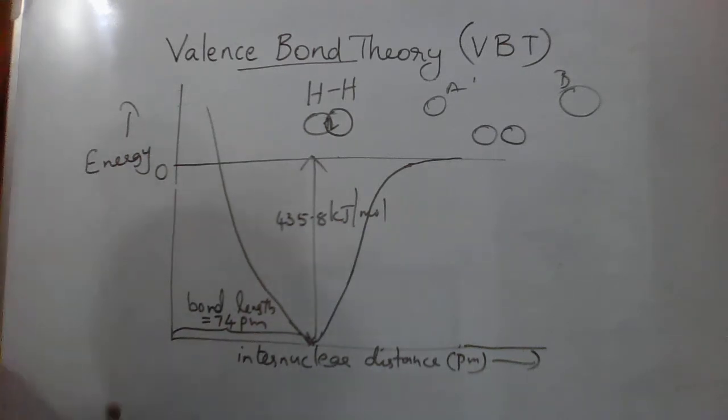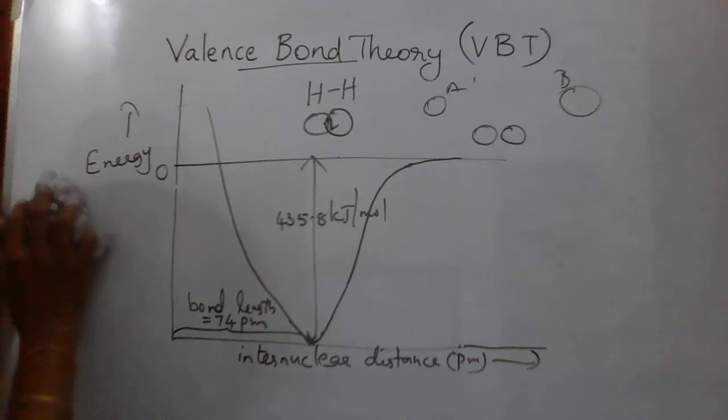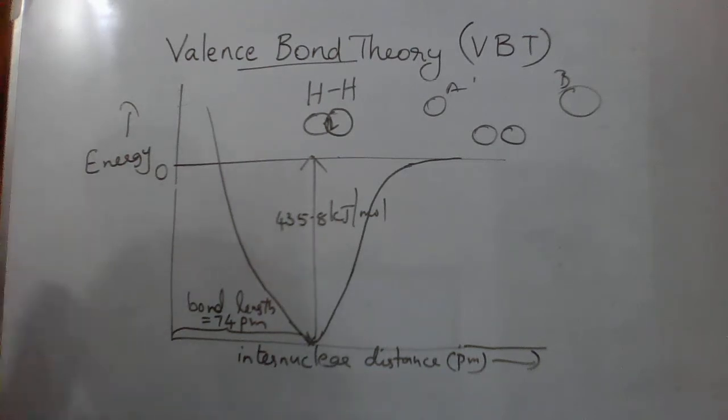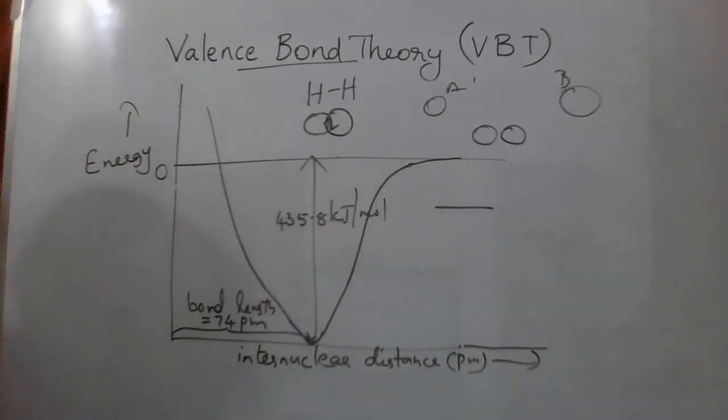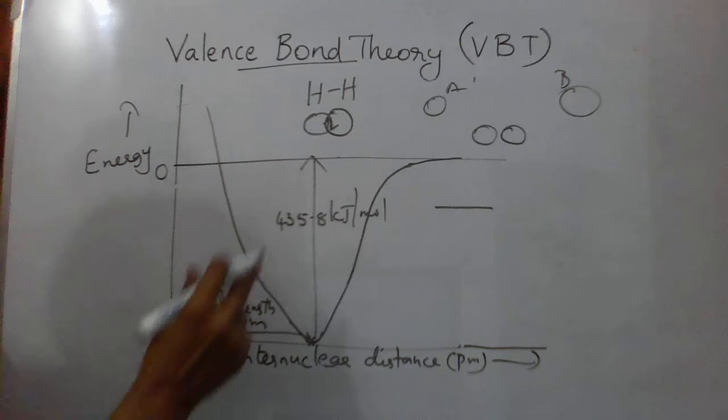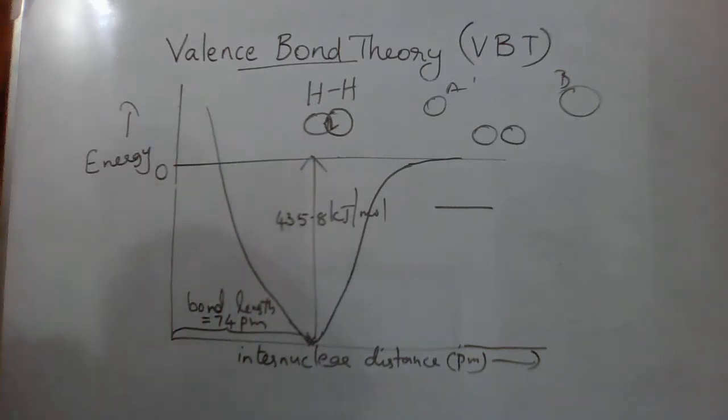That is in accordance with the valence bond theory. According to valence bond theory, a covalent bond is formed due to overlapping of atomic orbitals.